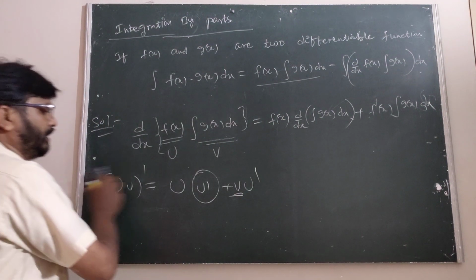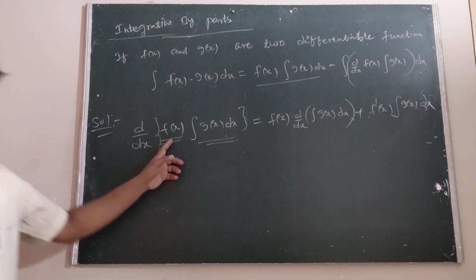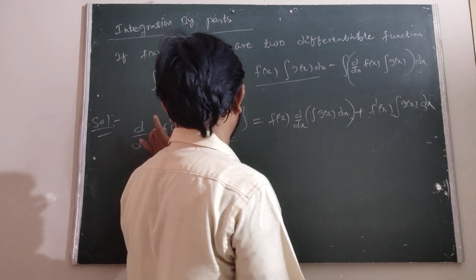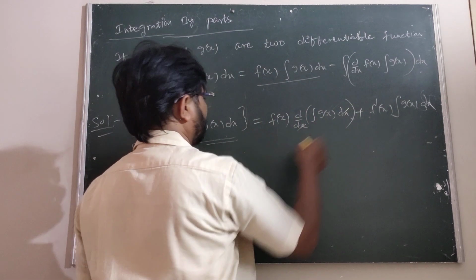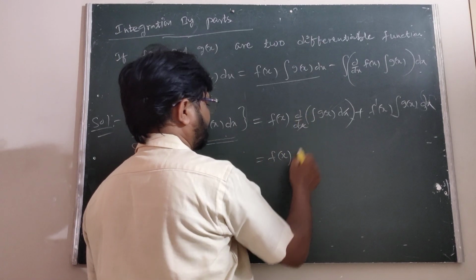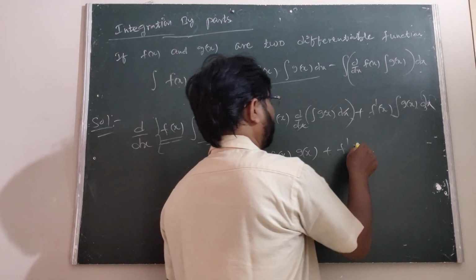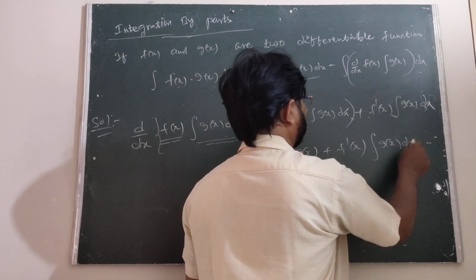Now we can apply the first uv rule: u into v', after that f'(x), that is u' into v. Is it clear? This is f(x), the derivative and integral cancel, giving g(x), plus f'(x) into the integral of g(x) dx.